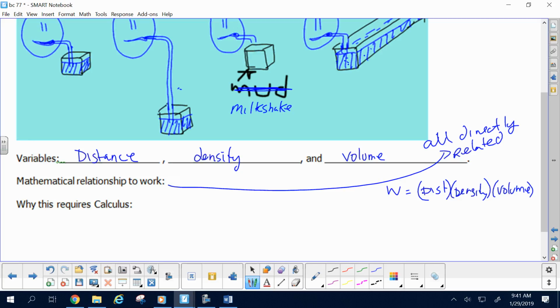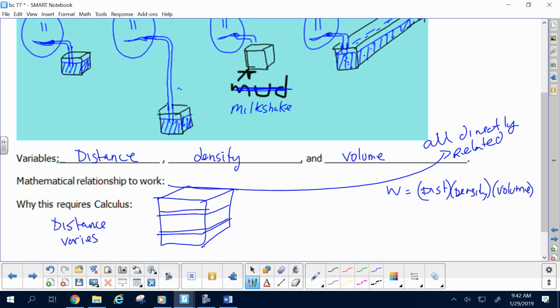Well, this slice here, it's all about the distance. It varies. You're not pumping the same distance everywhere. This level of fluid, for example, needs to be moved further than this if it's going to be moved out of the top, and that's the problem we'll be working with, when it's sucked out of the top of the container.